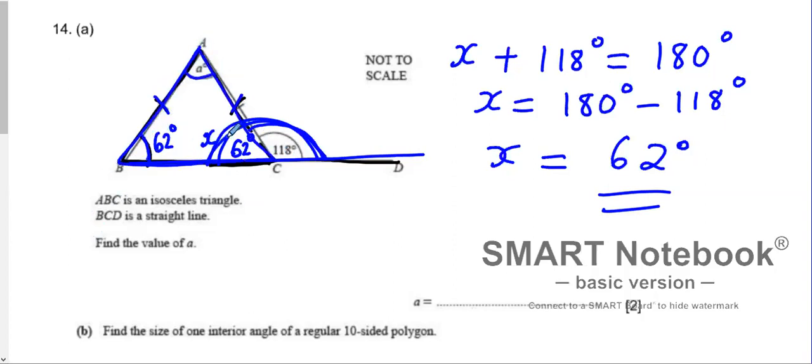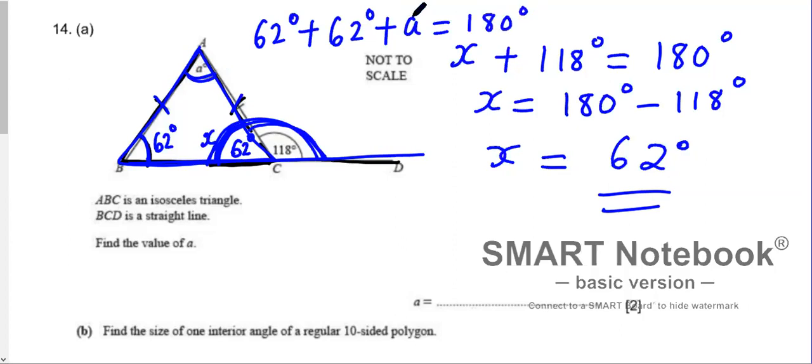Angles inside a triangle add up to 180 degrees. So this angle, which is 62 degrees, plus this angle, which is also 62 degrees, plus A will give you 180 degrees. Okay, I think that is clear.